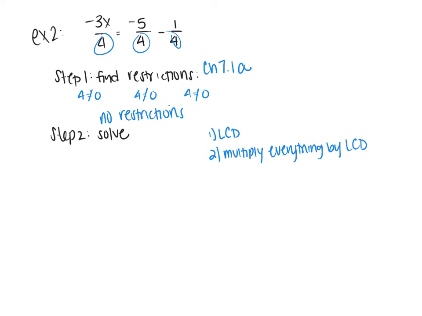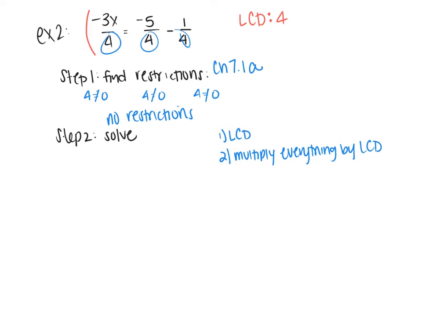Now, the reason I want to do that is because if I multiply by the least common denominator, it's going to get rid of all of these fractions and make it much nicer. So in mine, the LCD is 4, which is easy because they already have a common denominator. So I'm going to multiply this whole thing by 4.